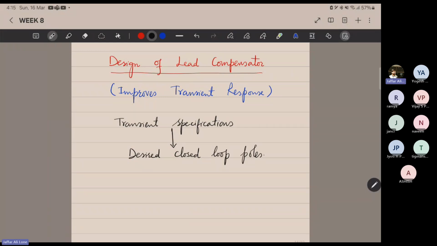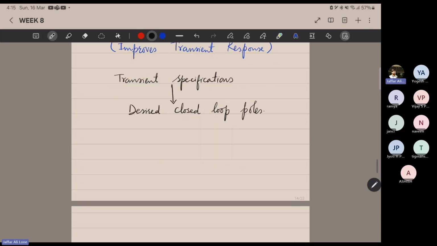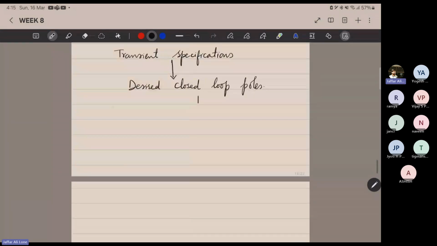And locate this closed loop pole on the root locus. So you draw the root locus and see whether this desired closed loop pole lies on the root locus or not. If it lies on the root locus, then you don't have to do anything. You just have to adjust the gain.